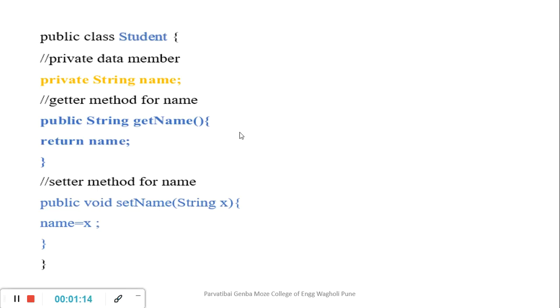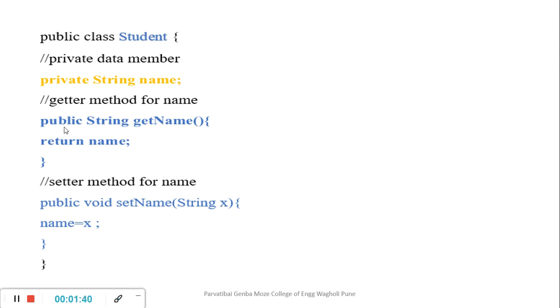Example of encapsulation: consider this class. We have defined one class, Student, and in that class we have declared one variable, name, and made that variable private. So private String name is one data member of this Student class, and we have provided two methods.